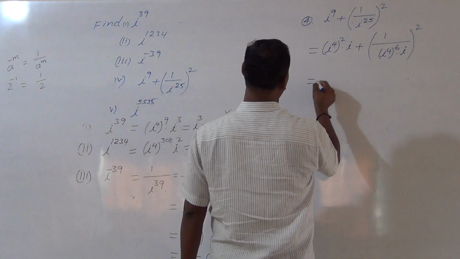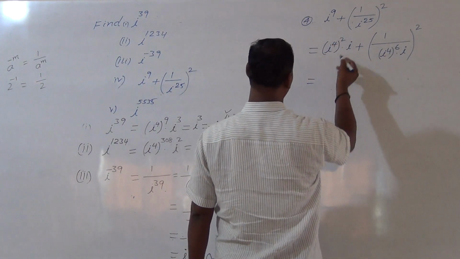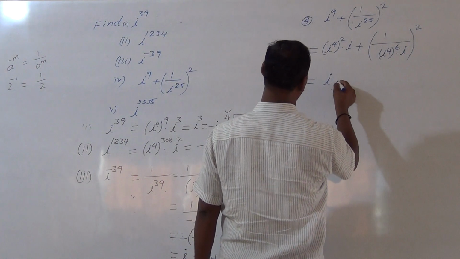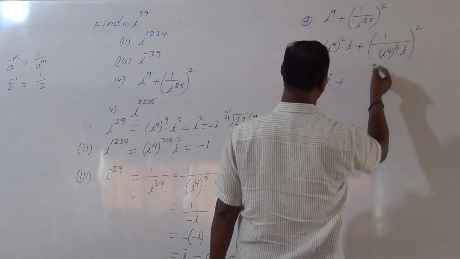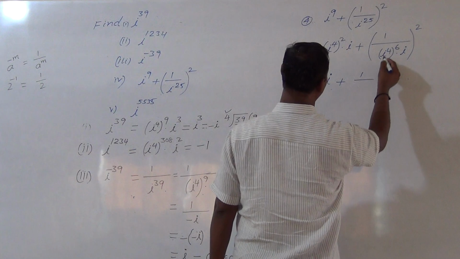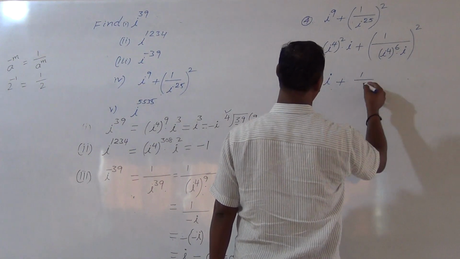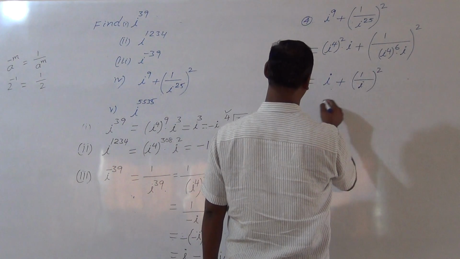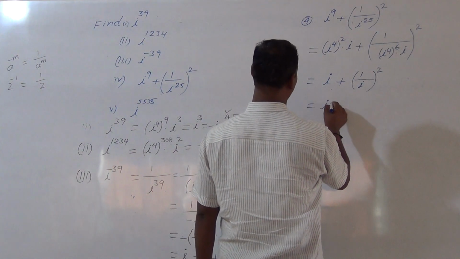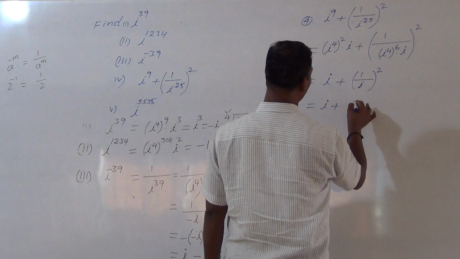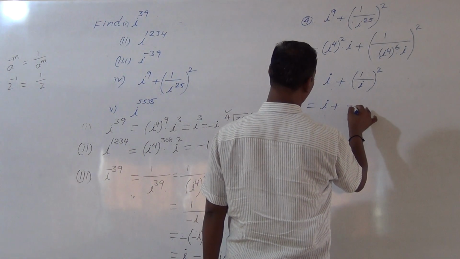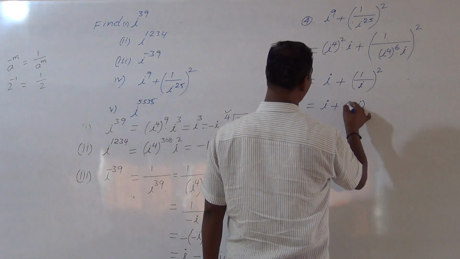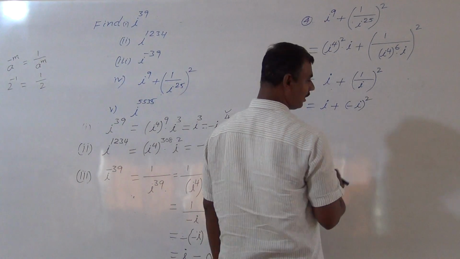This is equal to, we know this value is 1, 1 into i, plus 1 into 1 divided by 1 into i, 1 by i whole square, is equal to i plus 1 by i, which we already know is minus i, whole square.